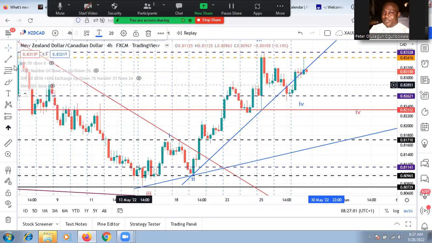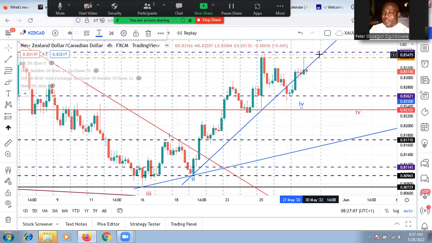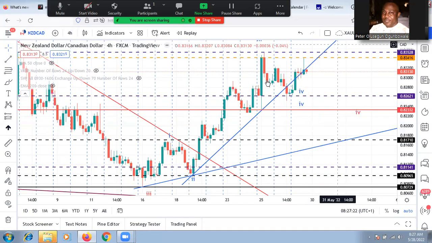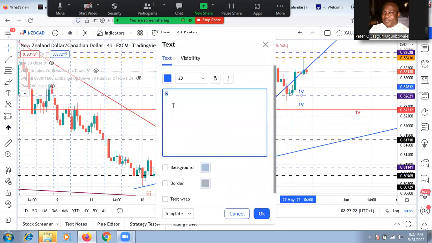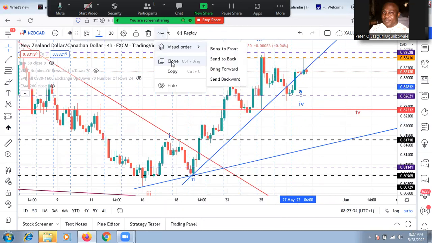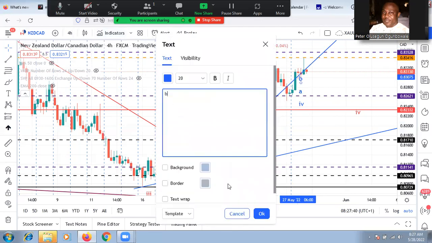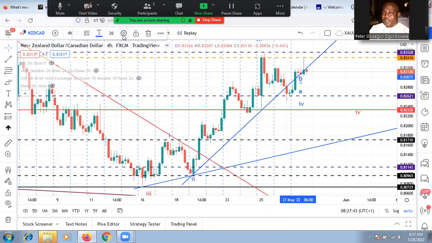Now, seeing this one as an A in the blue degree, let's say an A in the blue degree, and so a B in the blue degree for that with 4, and the C in the blue degree for that with 4.